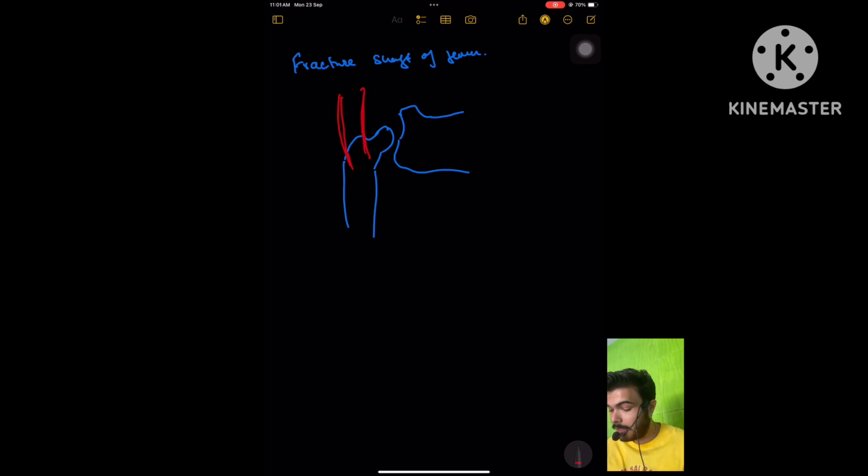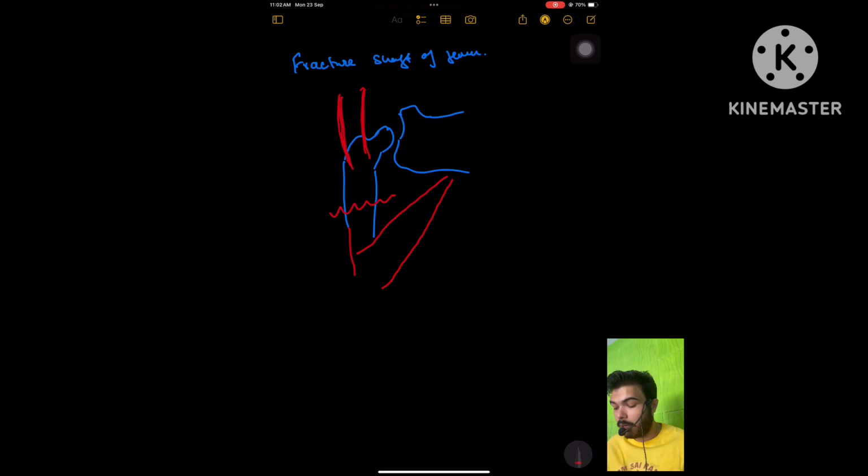You can see in this diagram, I've made it with red color. One of the abductors is attached to the upper part of your femur, and lower down you have your adductor attached like this. The same mechanism: suppose there's a fracture right here, what happens is the upper part of the femur will be displaced, which will be abducted, and the lower part will be adducted.